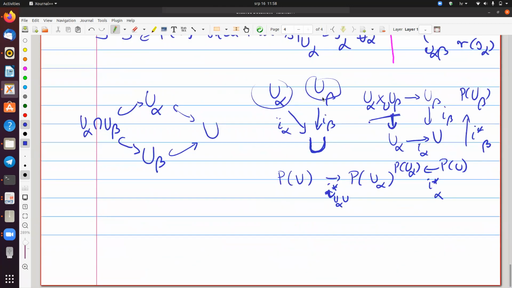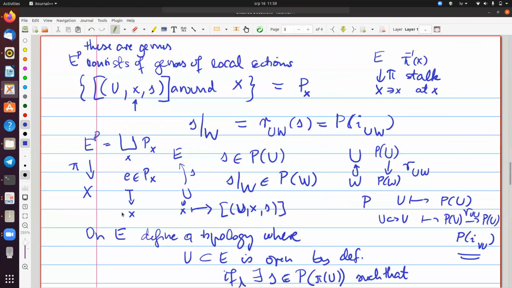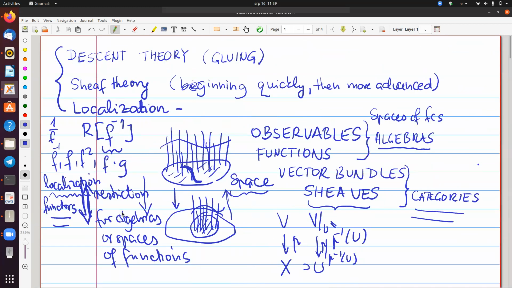This situation is a little more general, but in descent theory there is an even more general situation, say non-commutative geometry. Non-commutative geometry is what we had at the very beginning, this way of thinking that instead of space, you are thinking of all the things which live above: all observables, functions, vector bundles, sheaves, and they define the space.